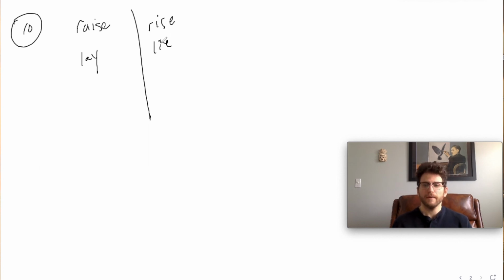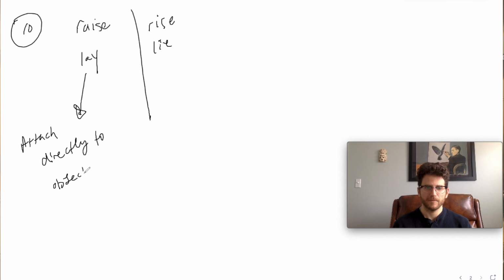What I'll say in short is, when you're using lay and raise, they always attach directly to objects, and when I say objects, I mean nouns. Rise and lie do not attach directly. They will use a preposition.